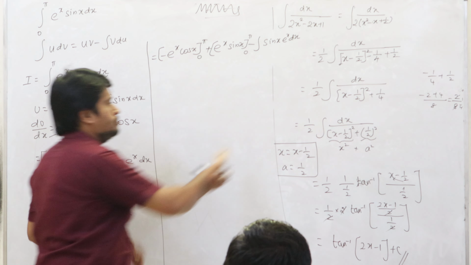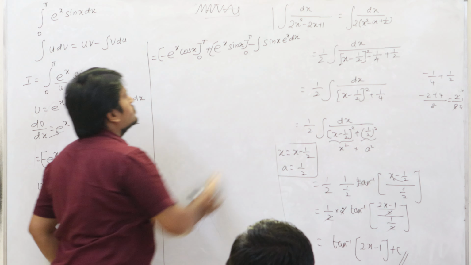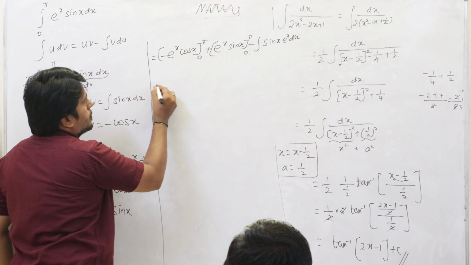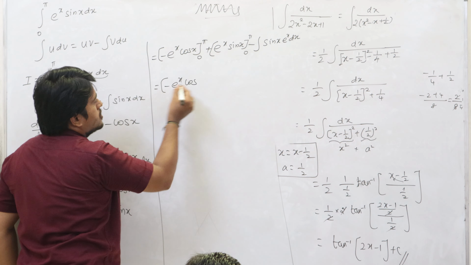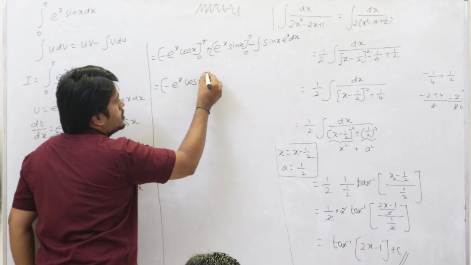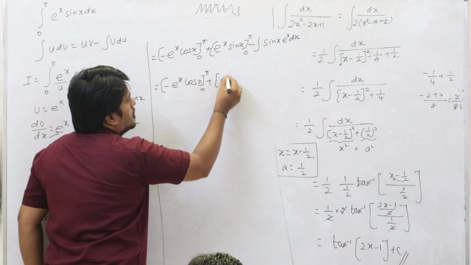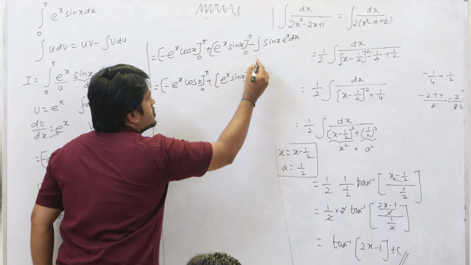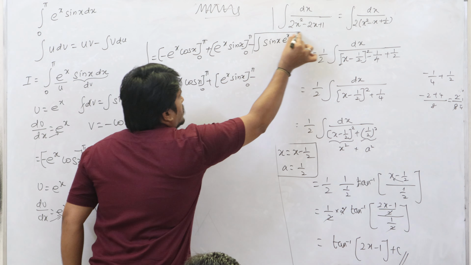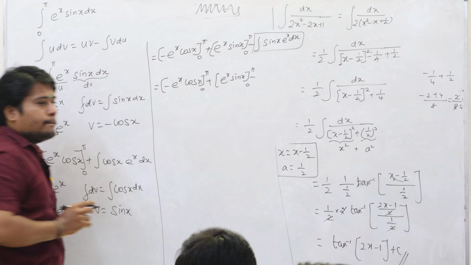Okay, so this is minus e power x cos x with the limit 0 to pi, plus e power x sin x with the limit 0 to pi, minus this integral, which is the given problem.